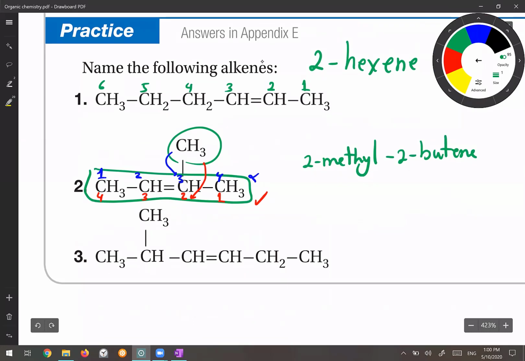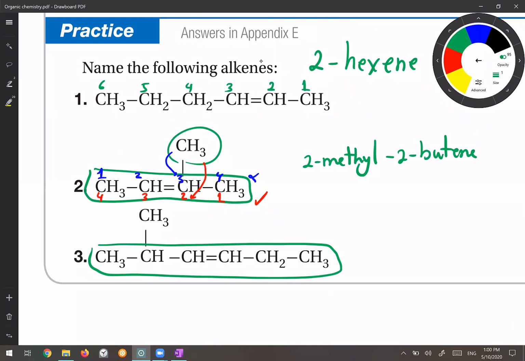The third one, the longest chain would be this one, the longest chain which contains the double bond. If I number the parent from the left side, this would be carbon number 1, carbon number 2, carbon number 3, 4, 5, 6. So the double bond is on carbon number 3.